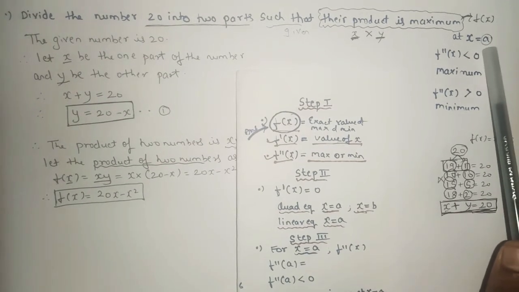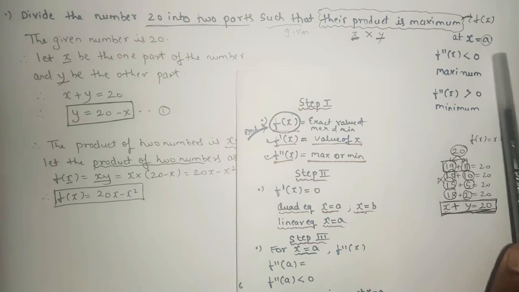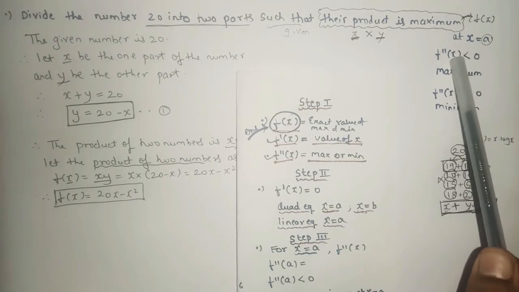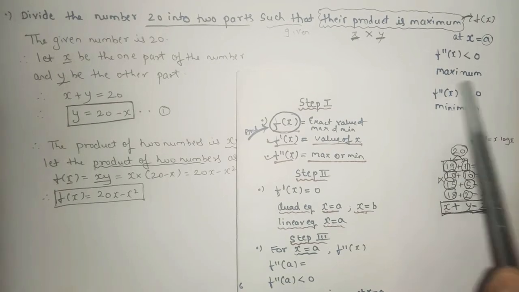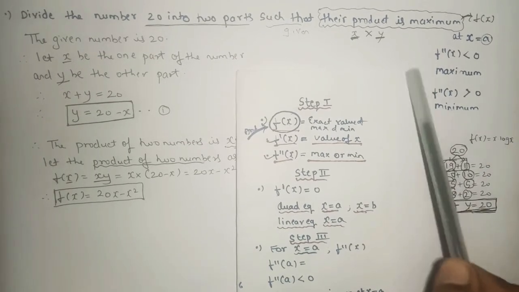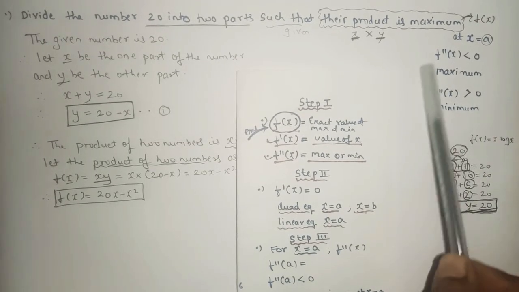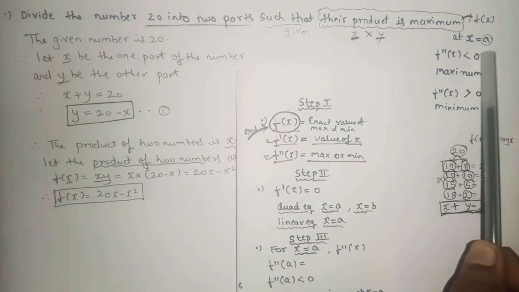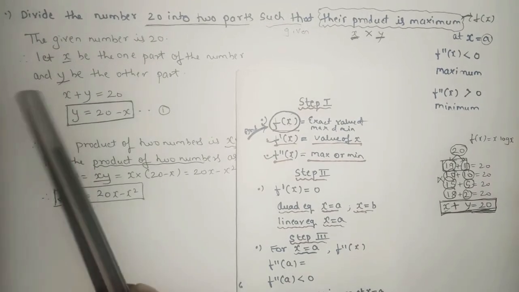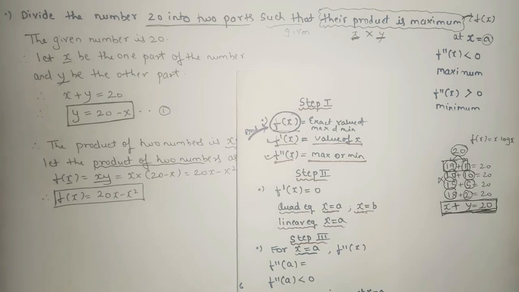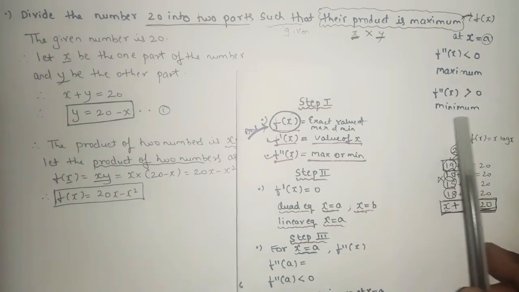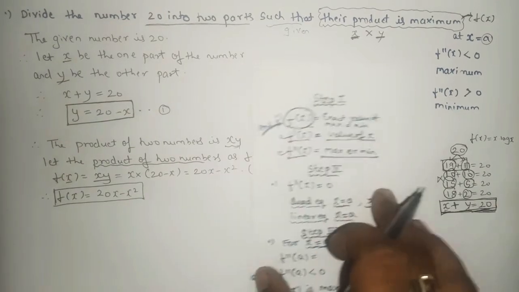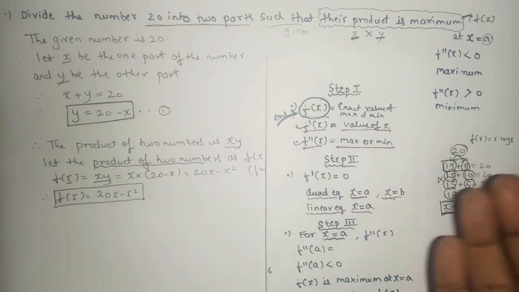Suppose when you replace x equals a in the second derivative test, if the second derivative test answer is less than 0, straight away we can say that the function is maximum. When the function is maximum, at that particular value you will get the answer of x. I hope you all know when the function is maximum and when it is minimum. I don't need to explain the things again and again.